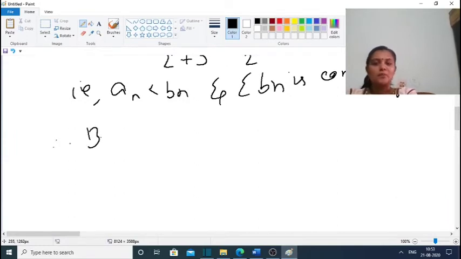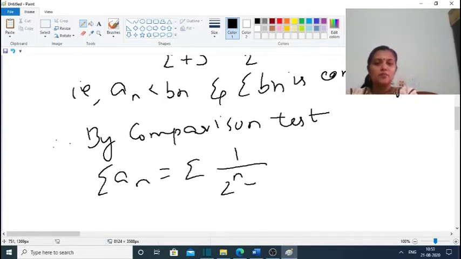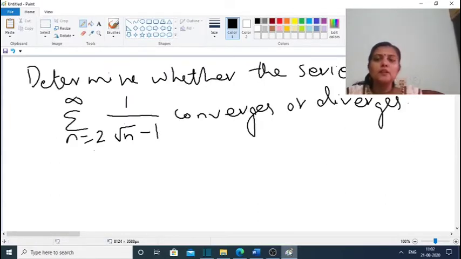Therefore, by the comparison test, sigma an, which is sigma 1 by 2 raised to n plus 3, is also convergent.